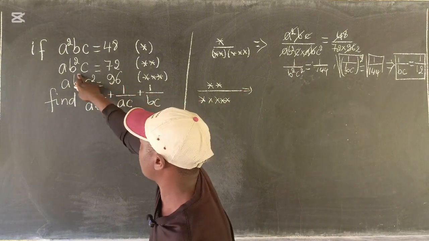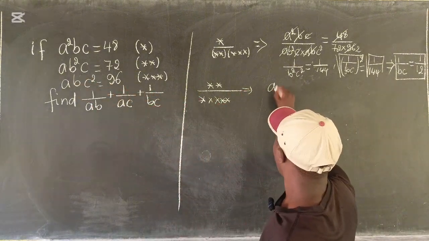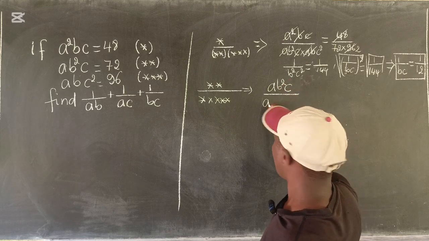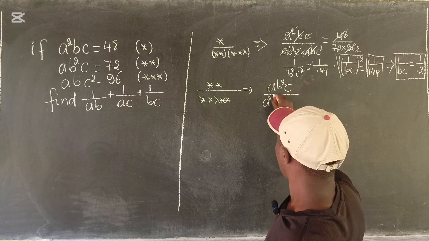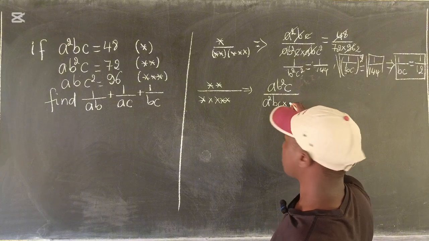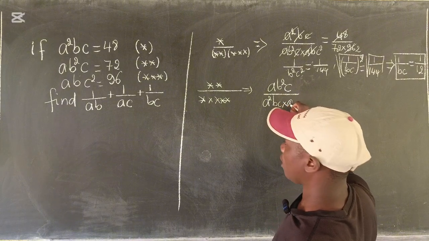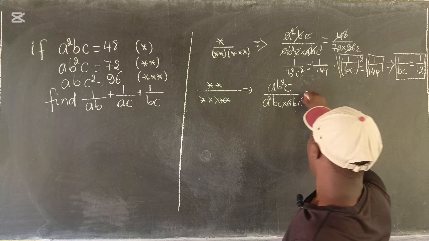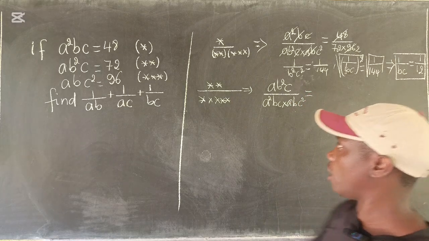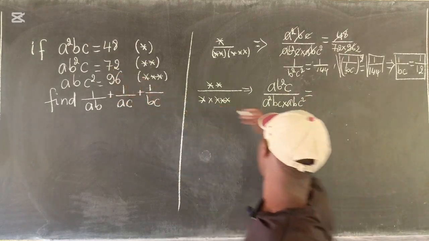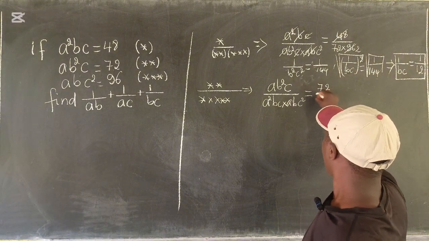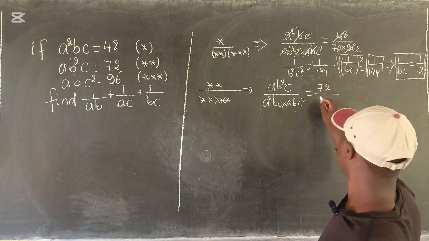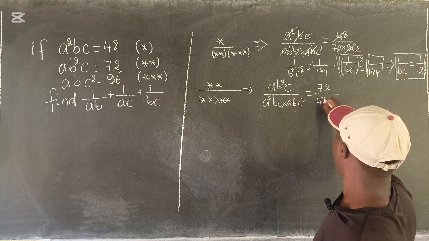At first you have a b squared c over a squared bc times equation 3, which is this bc squared, and this is equal to 72 over 48 times 96.